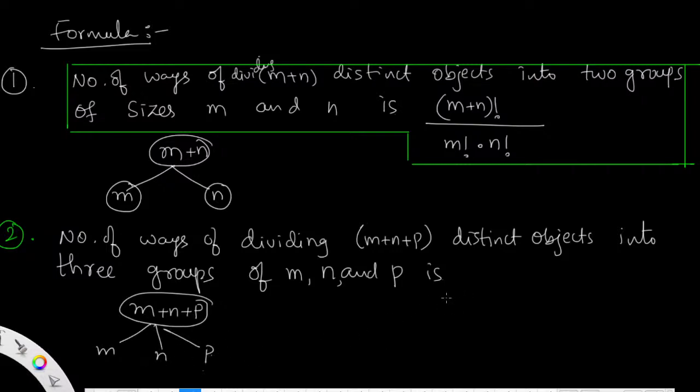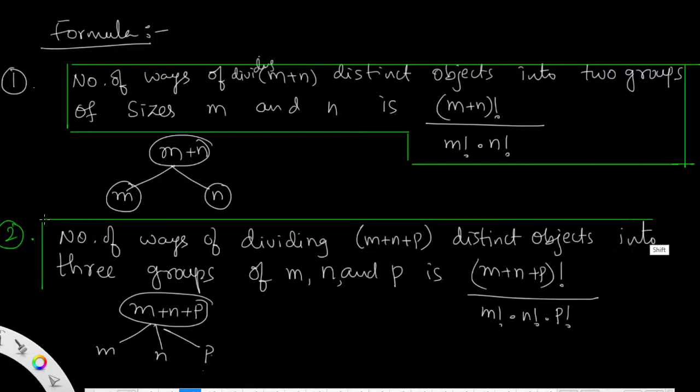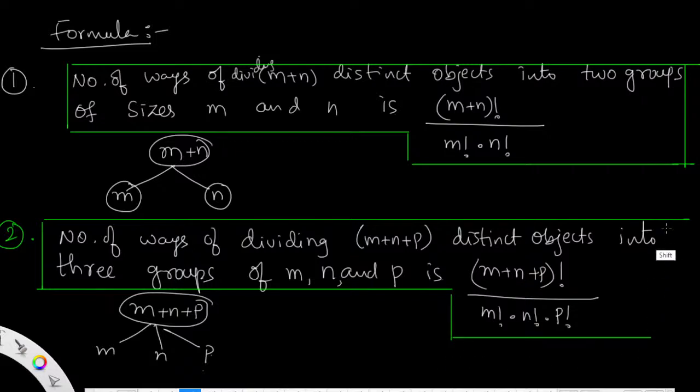Then the formula is (m plus n plus p) whole factorial, the number of total things, divided by the separate group sizes: m factorial into n factorial into p factorial.